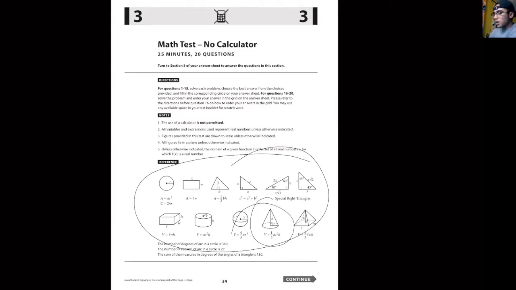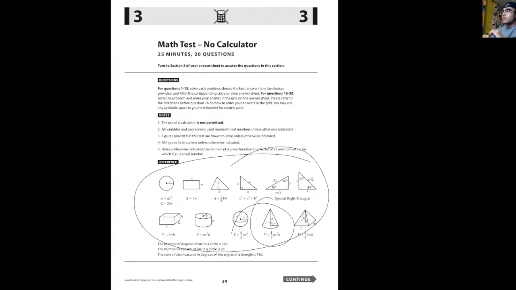In this section, you're allotted 25 minutes for 20 questions. 15 of the questions are going to be multiple choice, and 5 are going to be free response. I'm going to tell you right now, this test, or at least section 3, was kind of challenging. If I took this specific test in 9th or 10th grade, I probably would have gotten like -3.